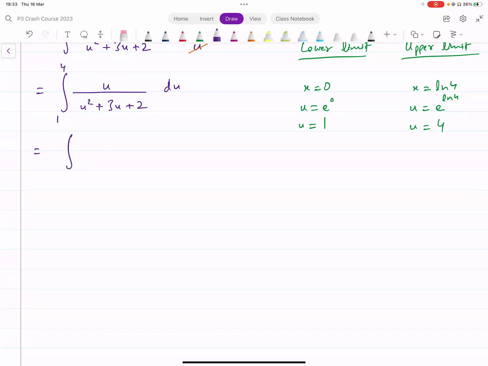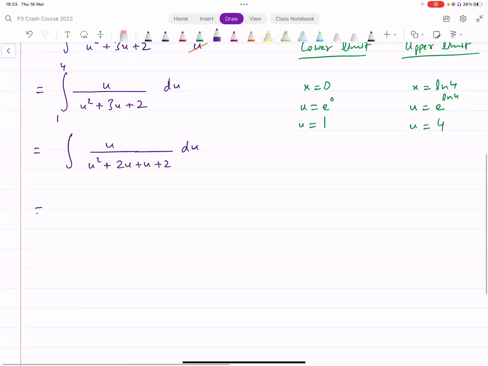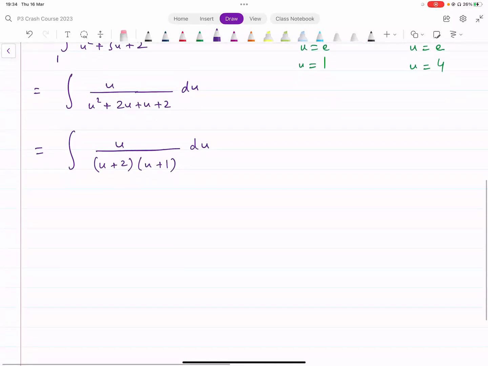It becomes u over u square plus 2u plus u plus 2. And then you could factorize this so that it becomes u into u plus 2 plus 1 into u plus 2, which is going to give you u plus 2 and u plus 1. So you could factorize it like this.